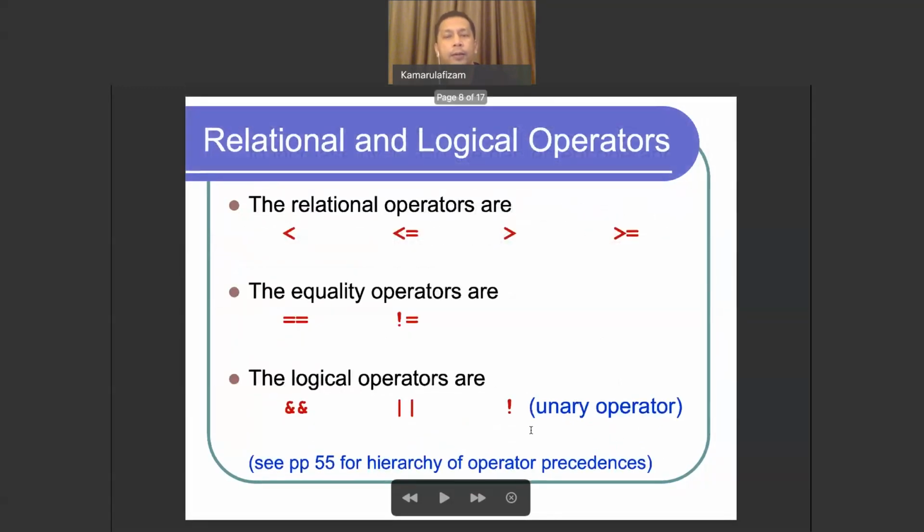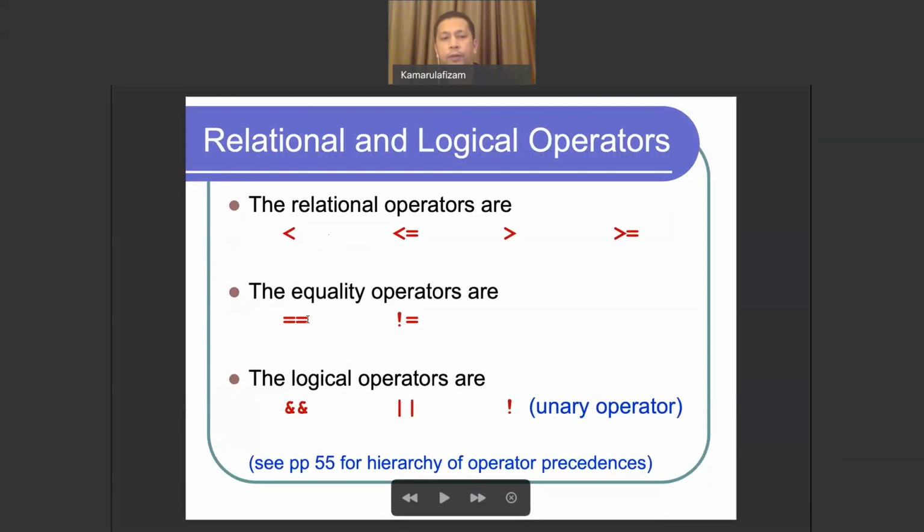The next is on the relational and logical operators. Relational operators are comparisons, which are smaller than or equal to, bigger than or bigger than or equal to. This is the relational. This is equality, this is equal, and this is not equal.